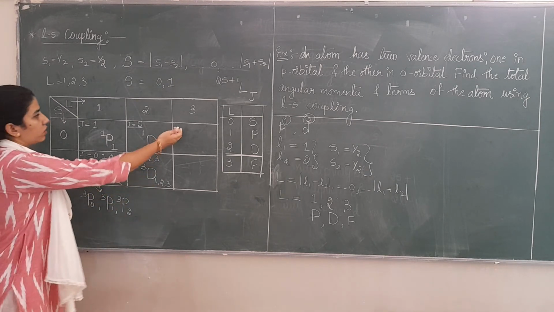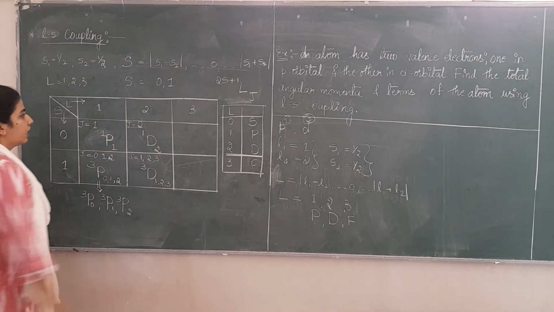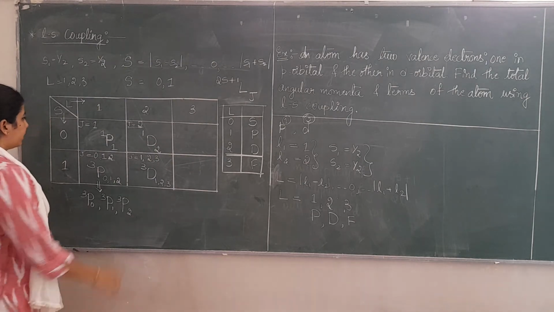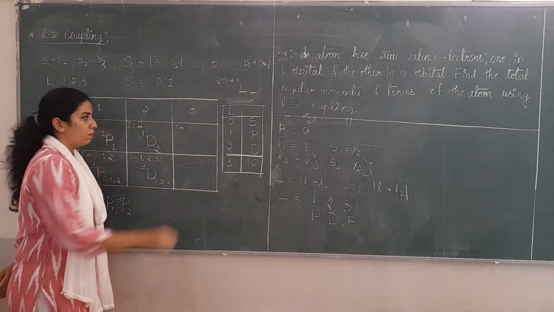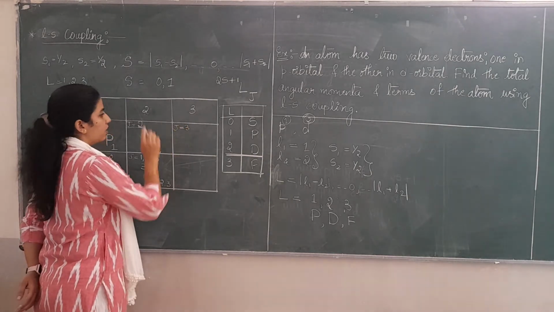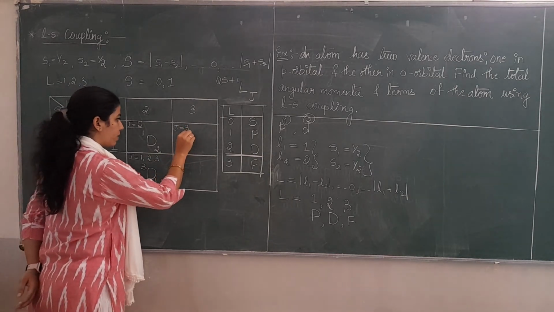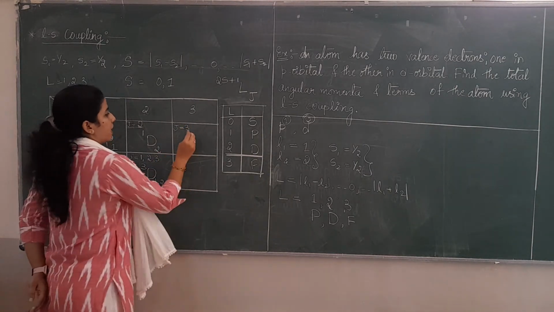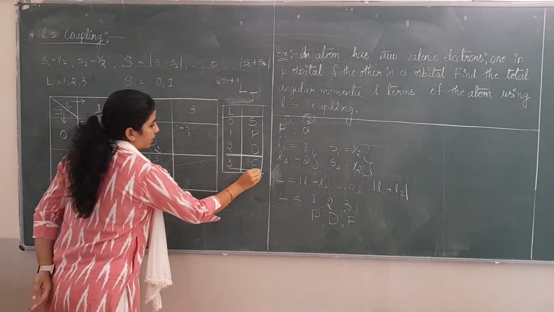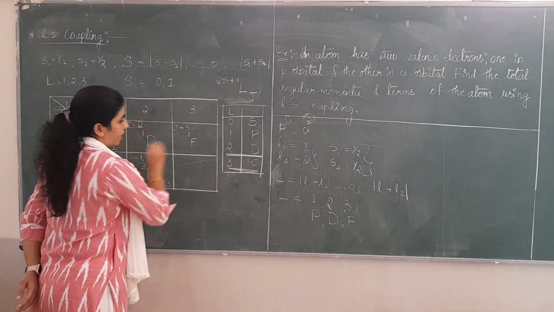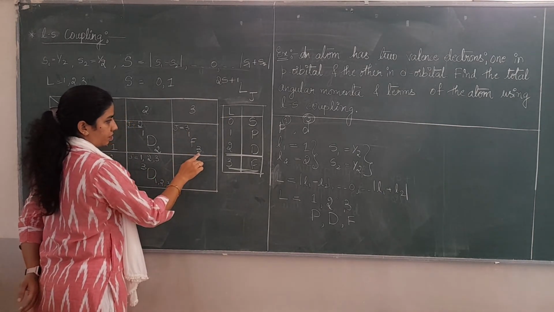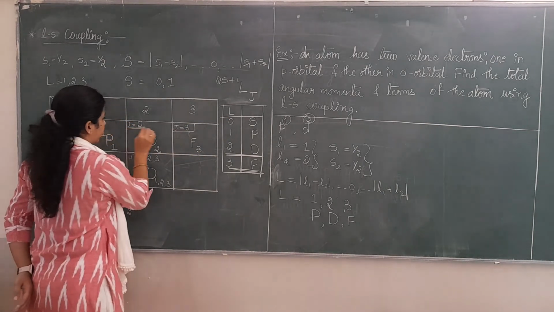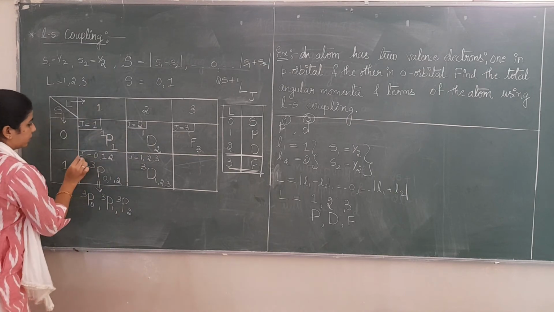Now similarly for the last L value, L is equal to 3, what will be the value of J? 0 minus 3 to 0 plus 3. We have 3 here. The value of j is 1 here, so the multiplicity is 1. And if L is 3, what is the atomic state? It is capital F and j value is 3. I hope you all are getting the point.